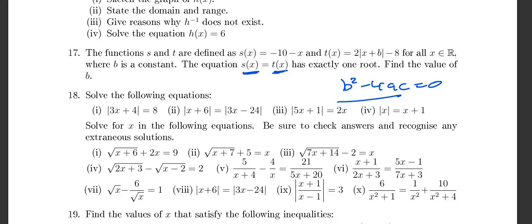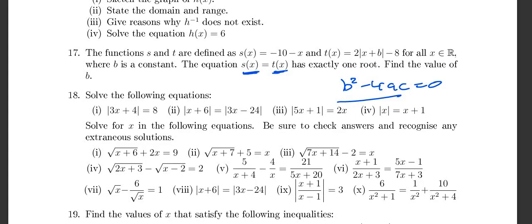Yes. When we equate s of x and t of x and solve it, we should just expect to get one value of x. So they want us to find the value of b because we don't know what b is from t of x.